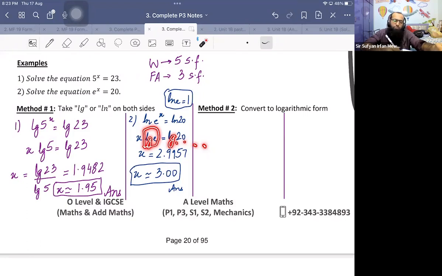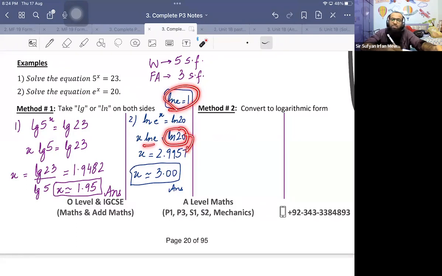2.995732274. But the problem is I will have to calculate LGE as well, and then I will have to divide LG 20 by LGE. But if we are taking ln on both the sides, ln e is 1. So some of our seconds are saved, and we can quickly calculate ln 20.